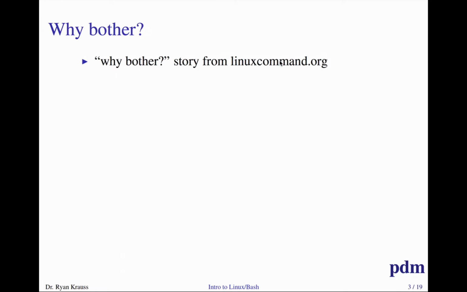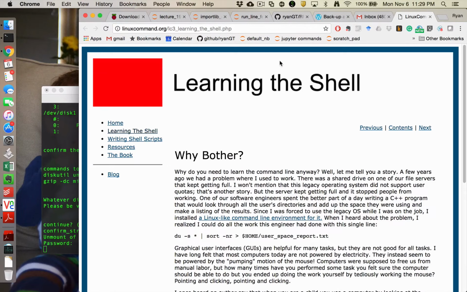So there's an interesting story about this on linuxcommand.org. I guess somebody was having a problem, some company was having a problem with their server, and they were trying to figure out which users or whatever was just sucking up a lot of space. And someone spent an entire day trying to write a C++ program to diagnose all of this.